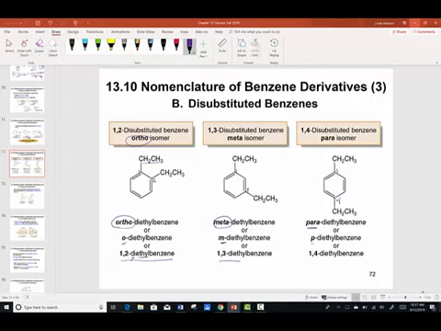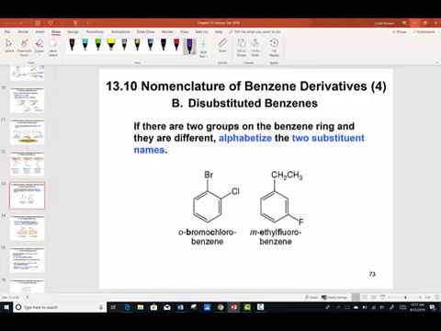We'll see that written with just a P, but it means to me the position is 1,4-diethylbenzene. Ortho, meta, para gets abbreviated with O, M, or P, and when I see those abbreviations, I understand they're telling me the locations of the substituent groups.